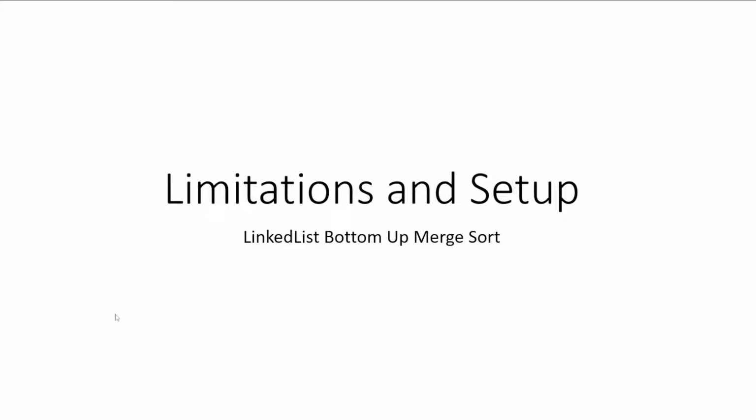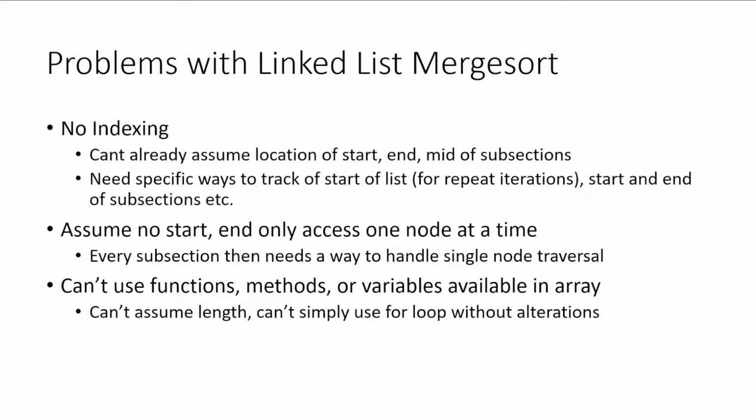And there's a big clear difference between a linked list and an array in that there are some limitations using a linked list, such as there's no indexing. So you can't necessarily assume the start and mid locations of those subsections. There needs to be a specific way to track those subsections within the list and splitting of those subsections without an index.